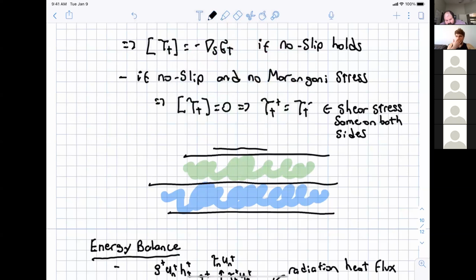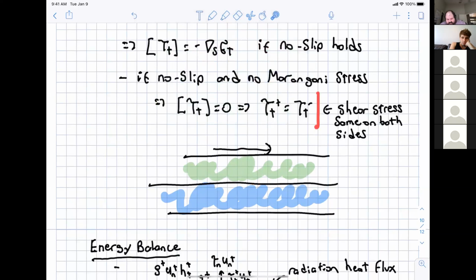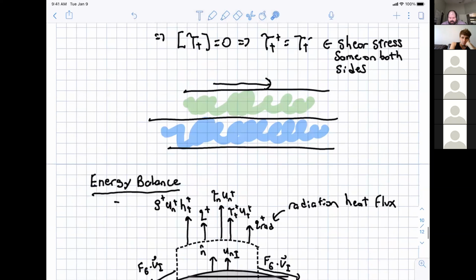And you have a moving plate, and you wanted to compute the velocity distribution, and you argued that the shear stress had to be equal on this side of the interface as it was on this side of the interface, and by no slip the velocity had to be the same too. Okay, and so basically this is just a very formal derivation of that fact that you may have taken for granted in some of your other classes.